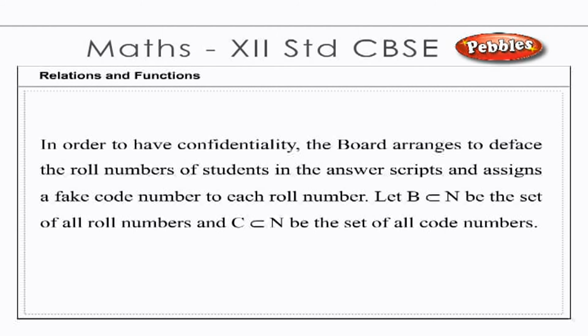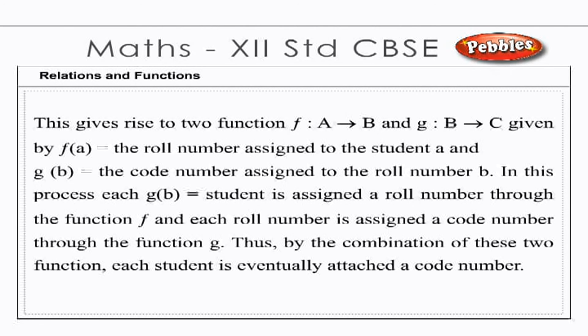Let B, a subset of N, be the set of all roll numbers and C, a subset of N, be the set of all code numbers. This gives rise to two functions, f from A to B and g from B to C, given by f(a), the roll number assigned to the student a, and g(b), the code number assigned to the roll number b.